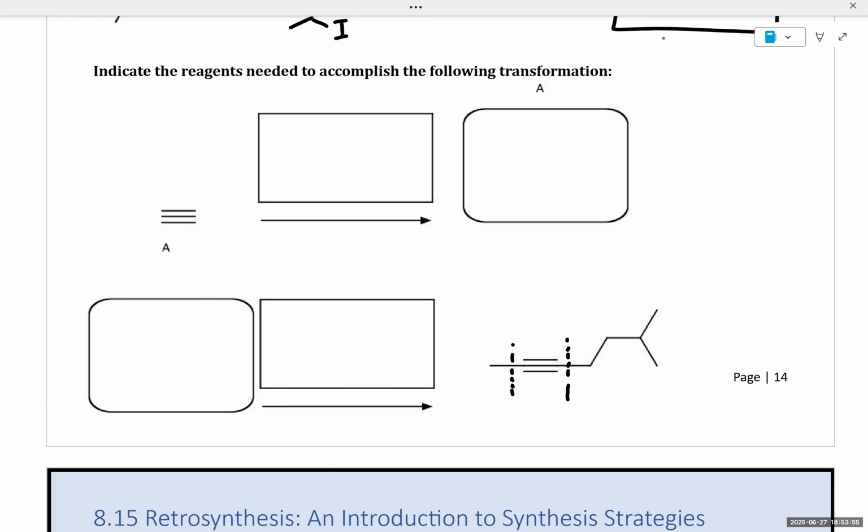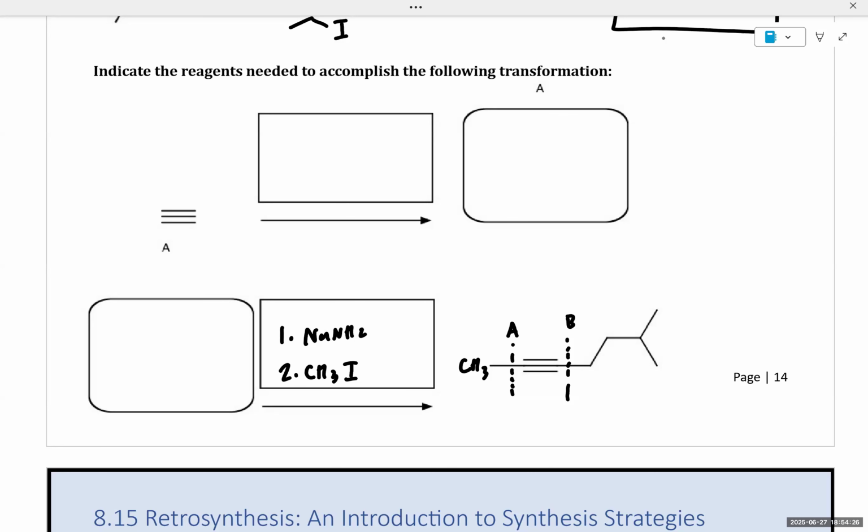To demonstrate that point, I'll do the first case. So I'm going to label this A and B. If I break this bond, one way I could form this carbon-carbon bond is by using, if this is a CH3 group, methyl iodide. And to deprotonate my alkyne, I'm going to use sodium amide.